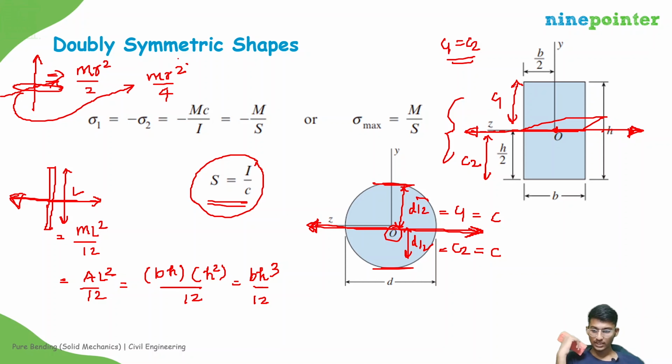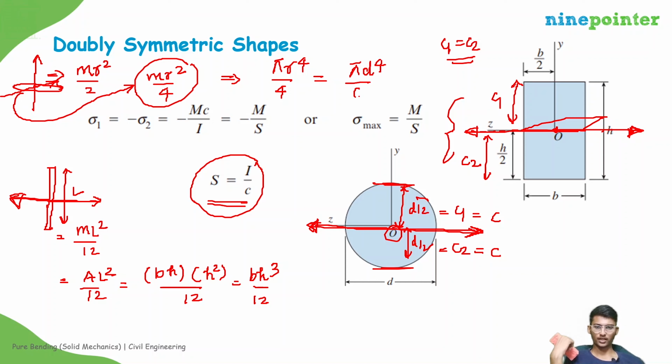If you need to calculate the area moment of inertia for that same axis, then replace mass with area. The area is pi r square, so pi r power 4 by 4, that is pi d power 4 divided by 64. Okay. This is how we calculate the area moment of inertia for different axes.